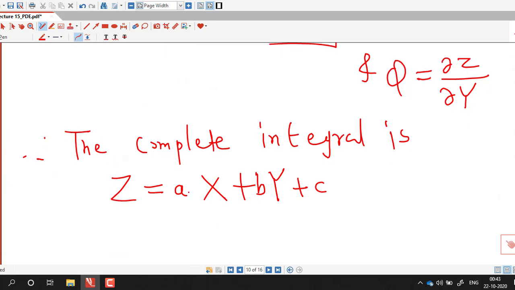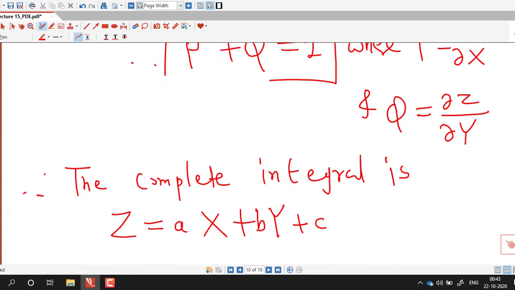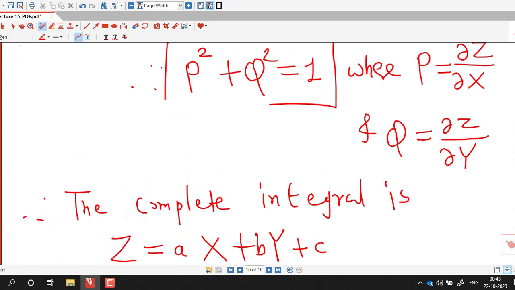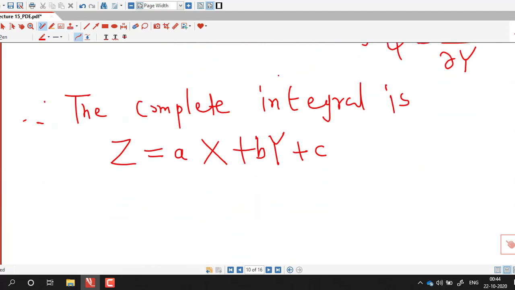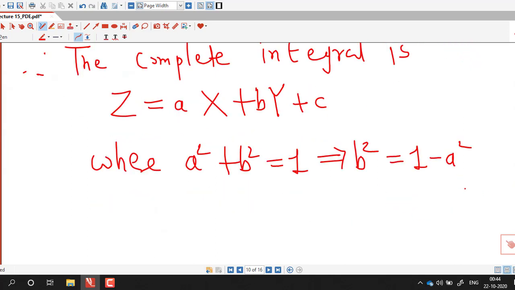Therefore, if now we substitute capital P equal to small a, capital Q equal to small b, where a and b are related by this relationship, a square plus b square equal to 1, and this implies b square equal to 1 minus a square, and therefore b is plus or minus under root 1 minus a square.